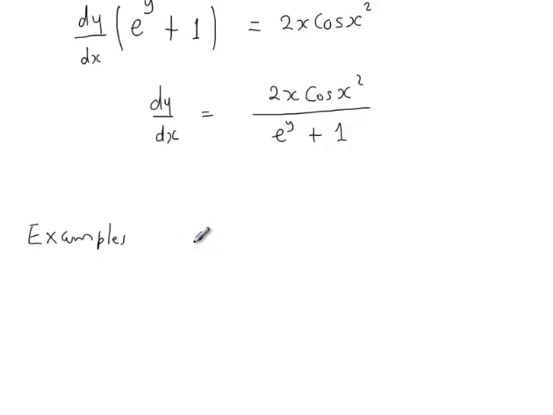Then you can do implicit differentiations of functions like this: x squared multiplied by y plus sine x multiplied by y as the argument equals 2xy plus 3x.